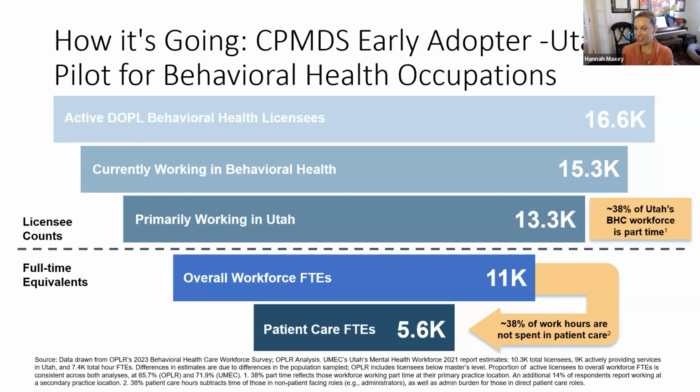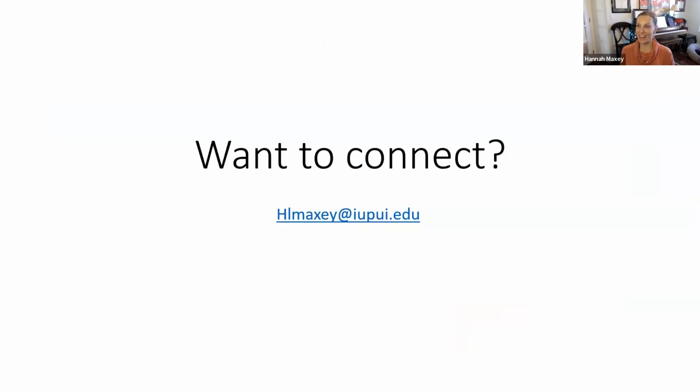That data helped to inform conversations that have ultimately led to legislation that is anticipated for the 2024 session in Utah. So this is just exemplifying the value of implementing this type of data tool. And with that, I am happy to connect. I think we're going to hold questions till the end, and I will hand it back over to you, Arthur.